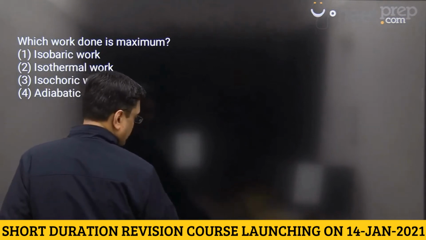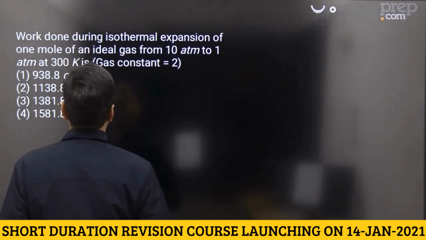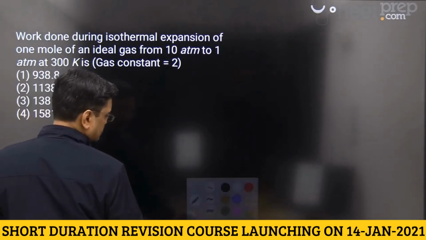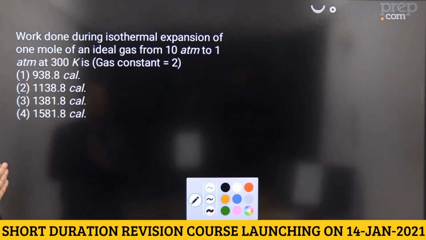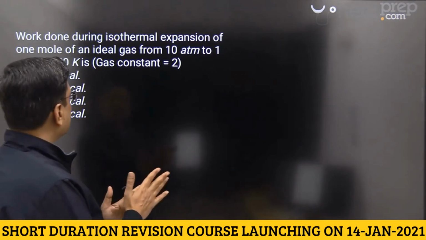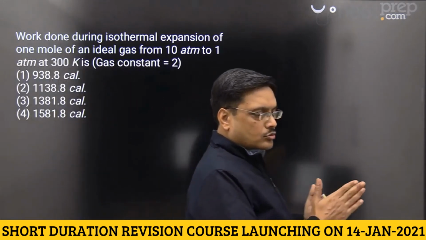This question is already covered. See here. Work done during isothermal expansion of 1 mole of an ideal gas from 10 atmosphere to 1 atmosphere at 300 Kelvin, gas constant is equal to 2.